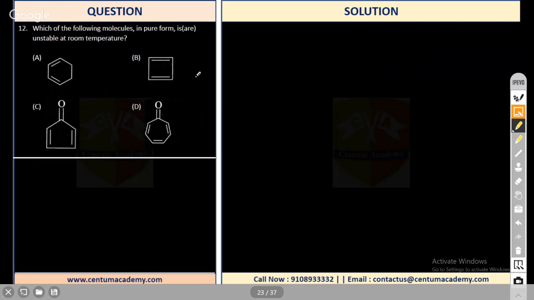Why is it D? See, this compound, the third one, is a conjugated system, contains only 4 pi electron, right? So it is anti-aromatic, and hence it is unstable.